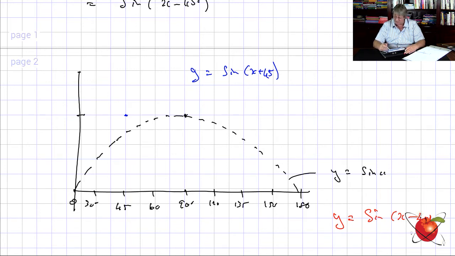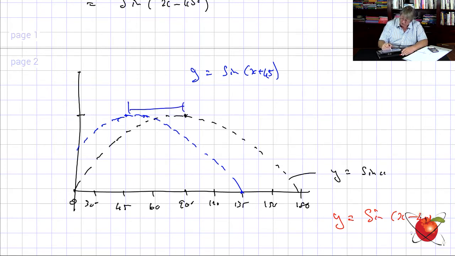The 0 was at that point, so now it moves 45. 180 minus 45, 135 is my new 0 point. So this is going to be moved 45 that way.